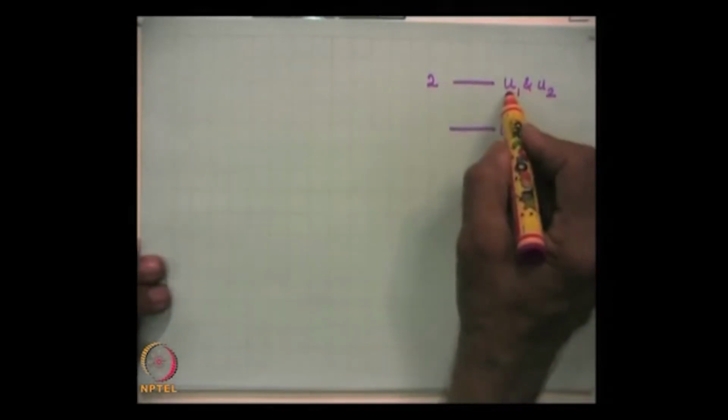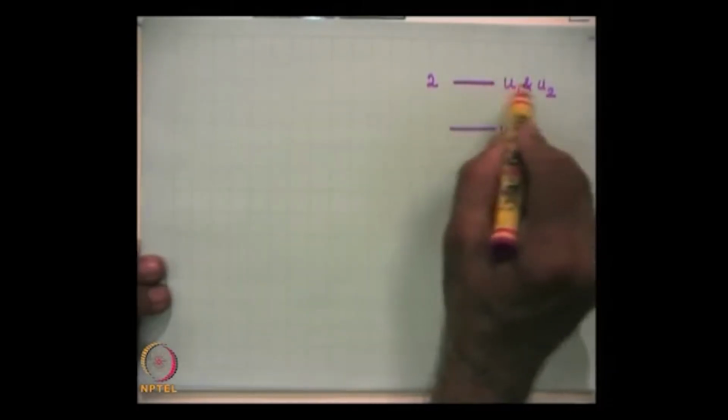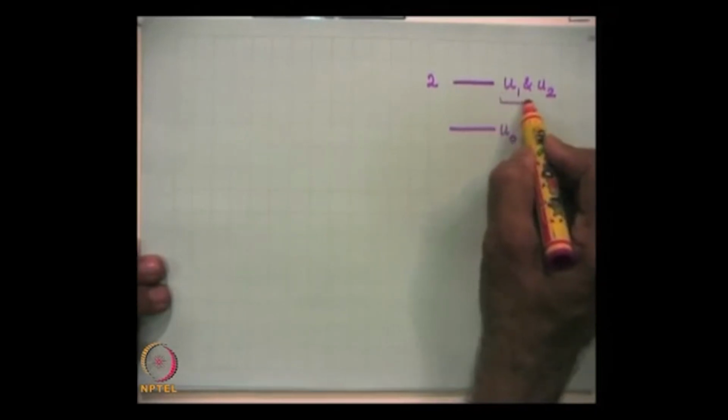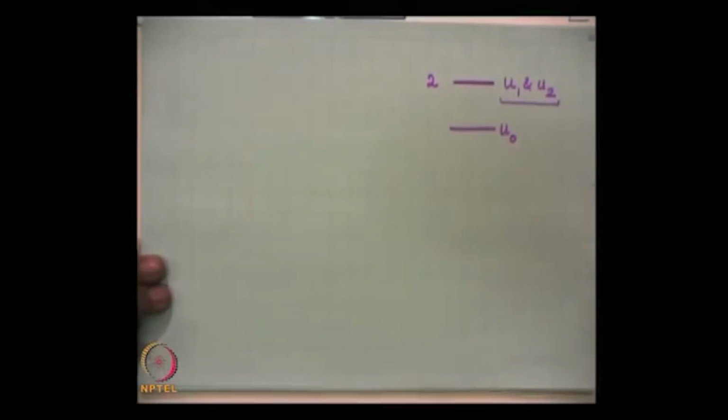We know that if this is a degenerate state, a two-fold degenerate state, then any linear combination of that is also an eigenfunction.